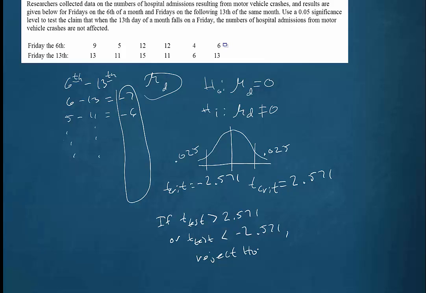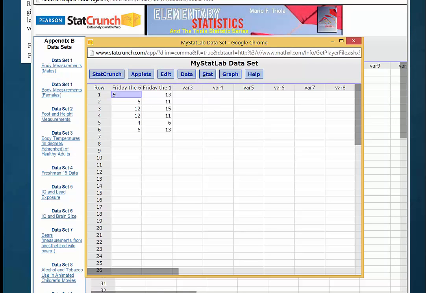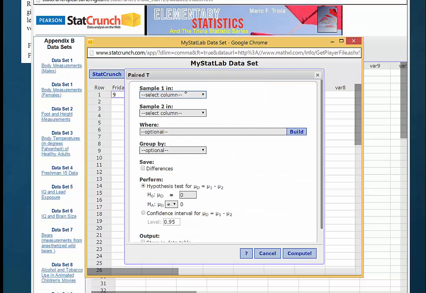So we need to come up with a test value, and we can do that in StatCrunch. We'll click Stat, T-stats, Paired. These are paired data values. We chose to do the 6th minus the 13th, so that's the way we'll select them. Sample 1 is the Friday the 6th, sample 2 the Friday the 13th. Hypothesis test is given here, mu sub d equal to 0, mu sub d not equal to 0.